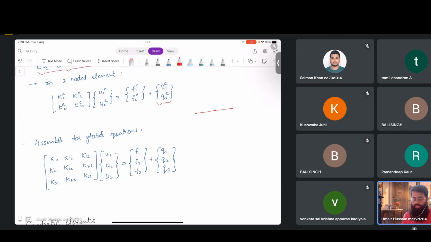Finally, when we assemble the two elements, we'll have a global system of equations corresponding to three nodes. At the node that is connected, we have a continuity in displacement. So u2 from element 1 would be equal to u1 from element 2. And again the force term would be added.